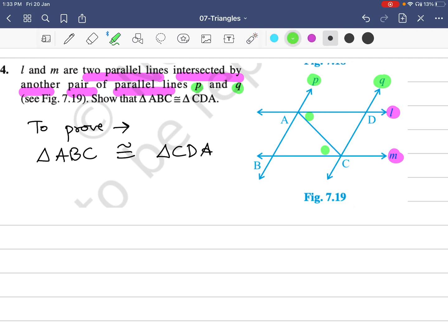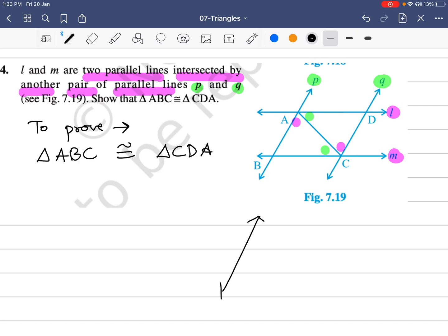Okay, similarly we have, what other angle? Yes, similarly we have this angle as equal to this angle. Okay, why? Because these are the two parallel lines and this is the intercept. Let me do one thing. Let me try to show it in a separate way.